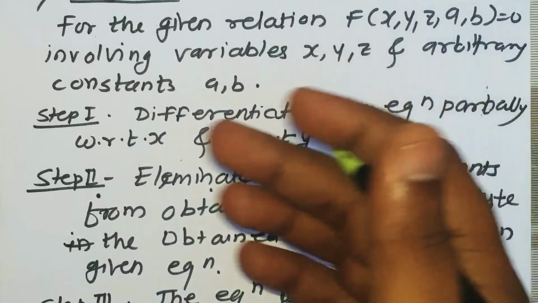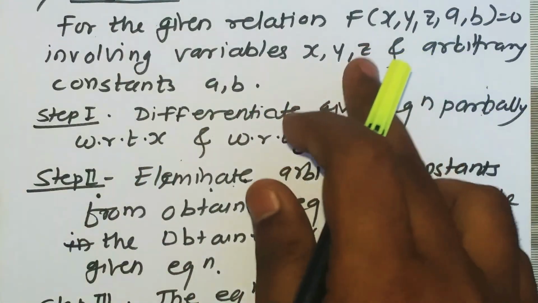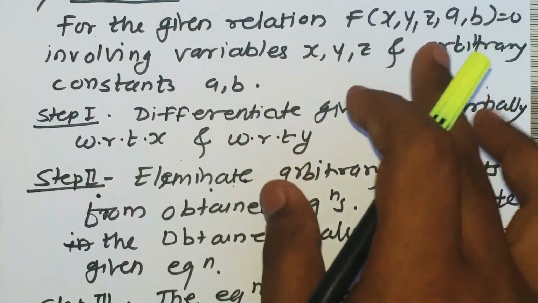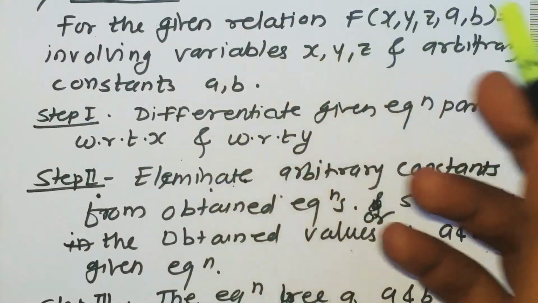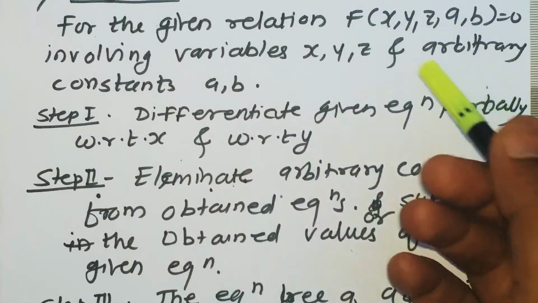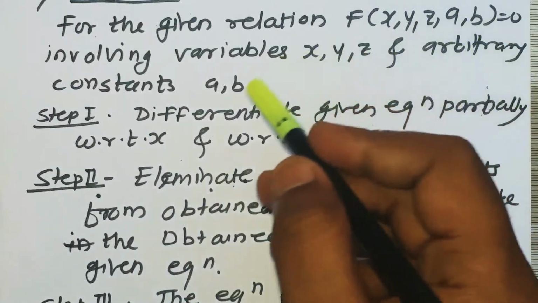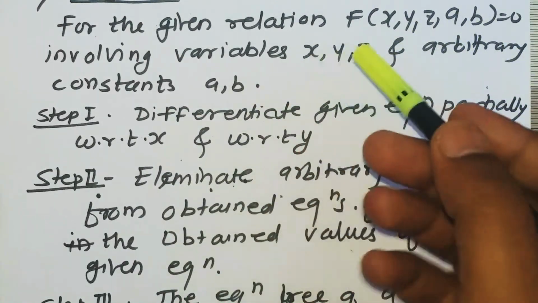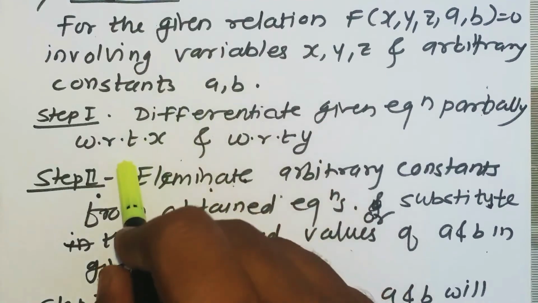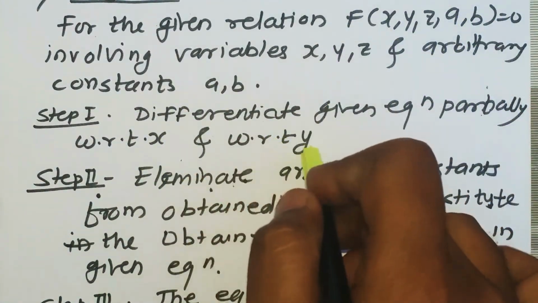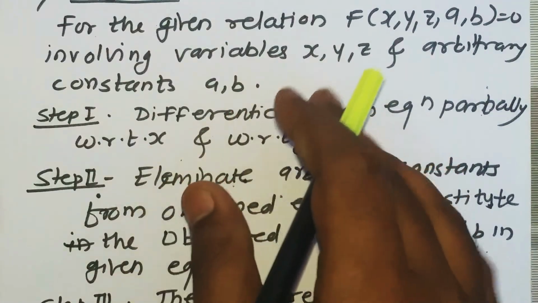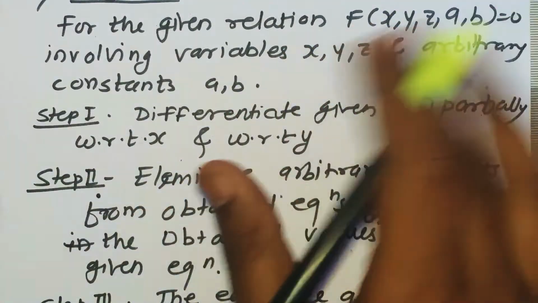As we differentiate with respect to x and y, z will be the dependent variable. We write the derivative of z as del z by del x or del z by del y. If you are differentiating with respect to x, consider y as a constant. If you are differentiating with respect to y, consider x as a constant, and a and b are the constants there.